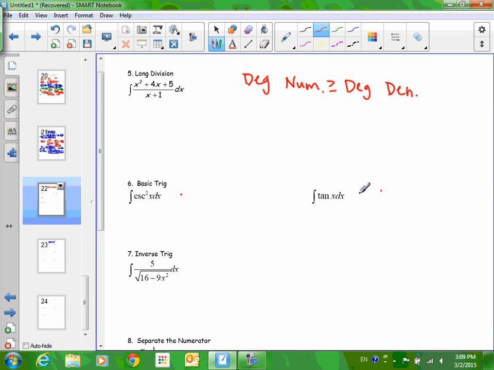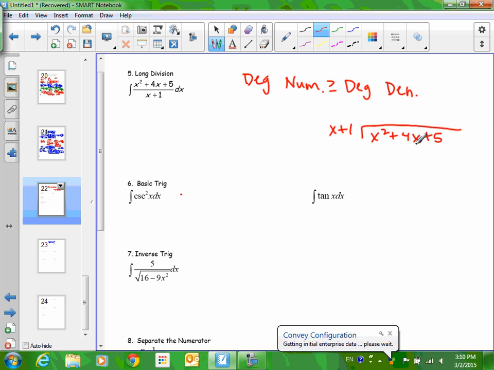Now, I am going to do this problem pretty quickly. If you have no idea how to do long division, you will not get it in what I'm about to show you. If you have no idea how to do this, then you need to get into tutoring, get with a friend who knows how to do it and have them explain it to you, or go on YouTube and just search polynomial long division.